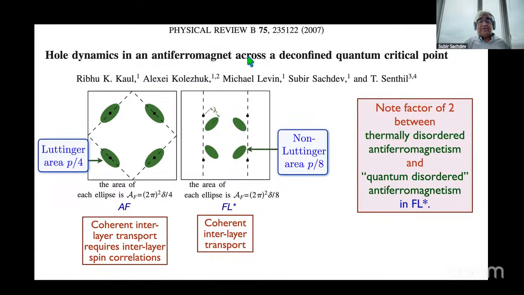And that's what we argued in this paper. And therefore, you get 4 pockets, and the area of the pocket will be P over 8. So this is like the key slide of the theory here, really. You get pockets that are shifted off the symmetry point and have half the area in a quantum state, whereas in a classical state, they're not shifted.